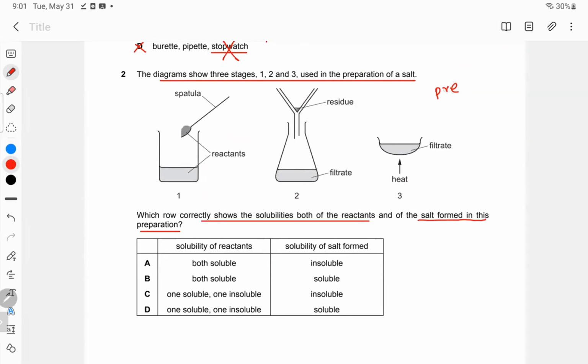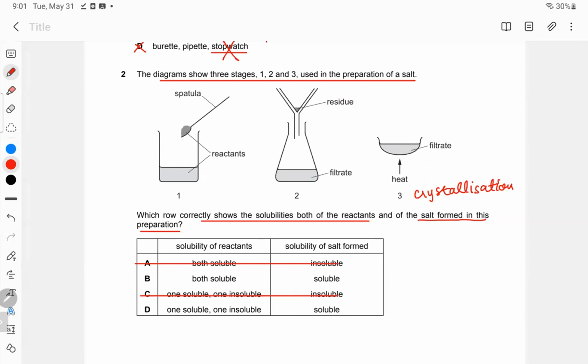No, it's not precipitation because we are heating the filtrate, which means we are doing the crystallization in the third stage. And crystallization is for a soluble salt, right? And if it's a soluble salt, which makes A and C wrong. Is it understandable to everyone?